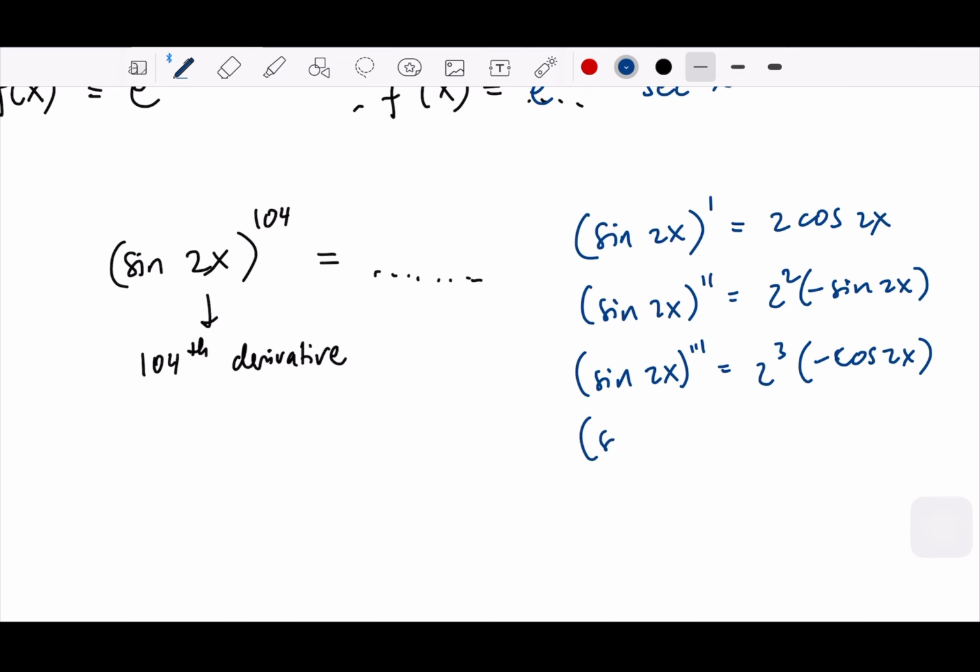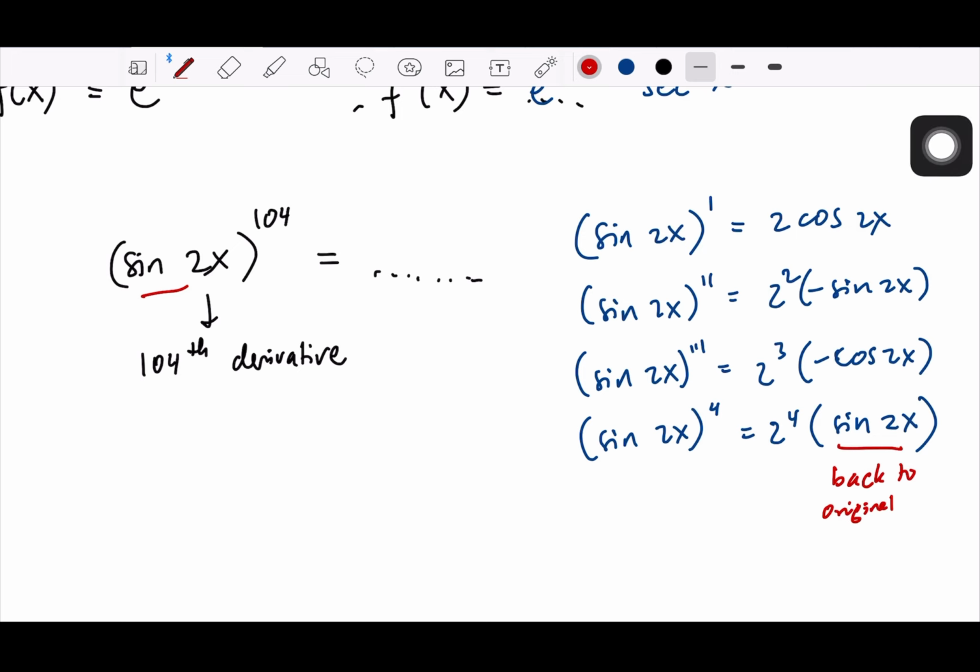And then when we are having the fourth time, this will go back to the original, right? So every fourth time we have the original.